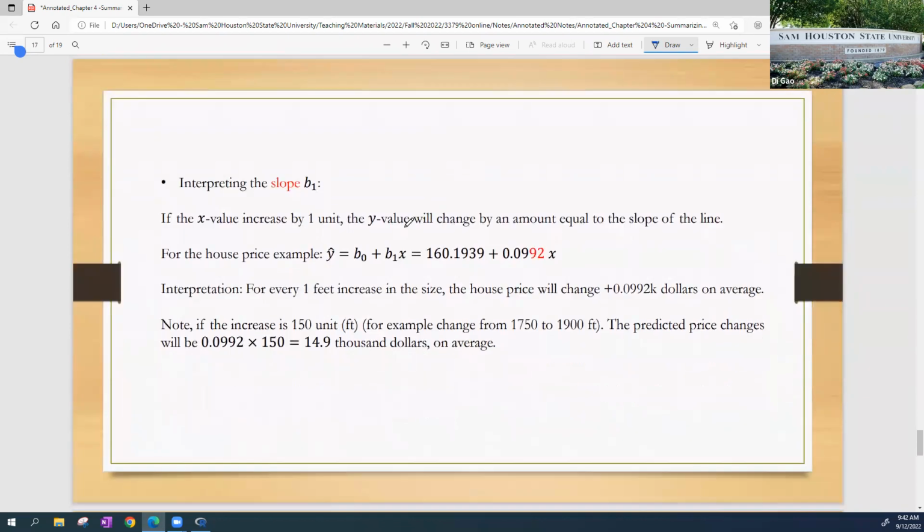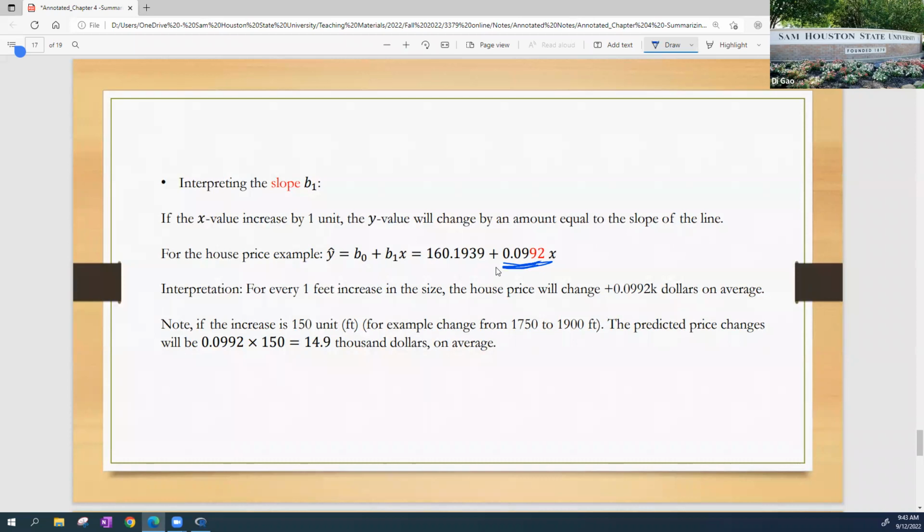Interpreting the slope b1: if the x value increases by 1 unit, the y value will change by an amount equal to the slope. For the house pricing example, we have y hat equals b0 plus b1x, which is 160 plus that slope.